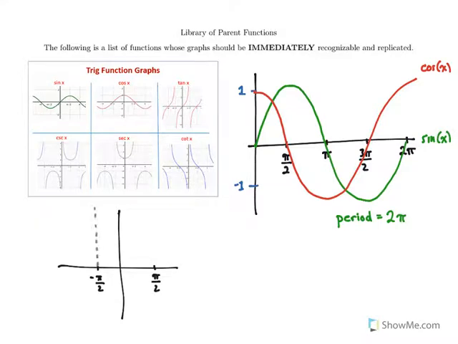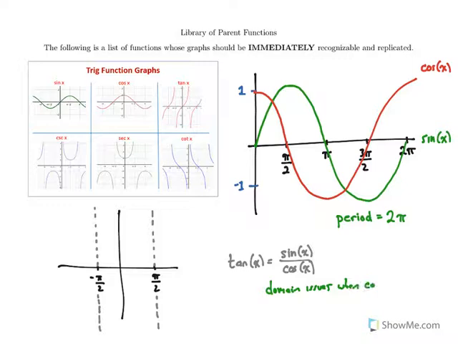And there are vertical asymptotes here because when we think about tangent, we have the trigonometric identity that tangent is equal to sine over cosine, which means that there are domain issues when cosine equals 0. And that means that we're going to have vertical asymptotes pop up.